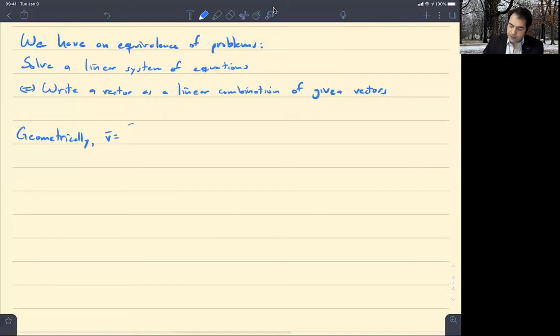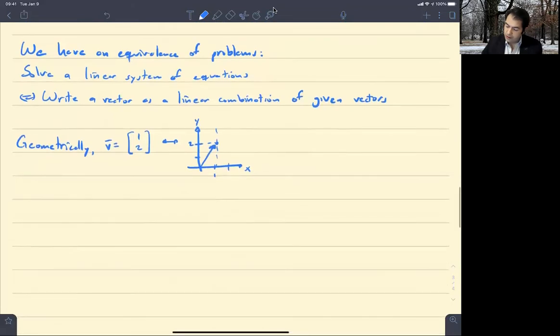If I have a vector with coordinates 1, 2, then I can represent this geometrically by putting the x-axis, the y-axis, and then I count out 1 on the x-axis and 2 on the y-axis, and I see where these would meet, and I join the origin with that endpoint, and this represents the vector v.